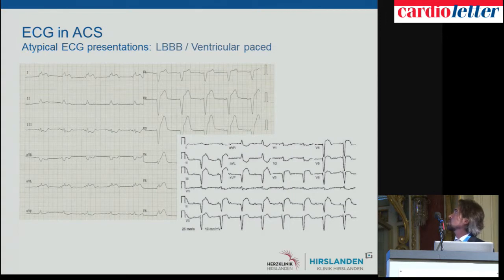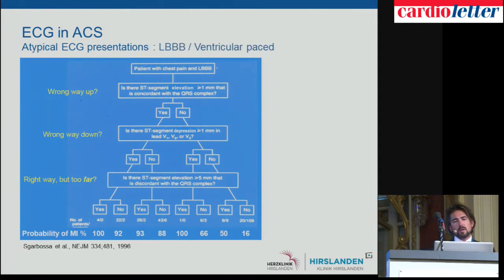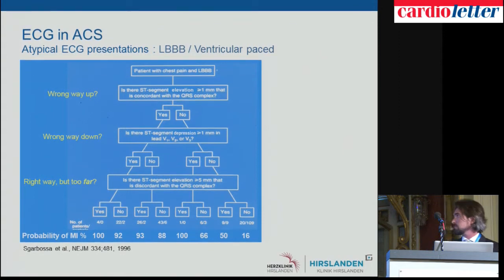Left bundle branch block, ventricular paced rhythm. It's tricky to diagnose myocardial infarction in these electrocardiographic conditions. What we have, as you may all know, are the Sgarbossa criteria, and the revised Sgarbossa criteria also.